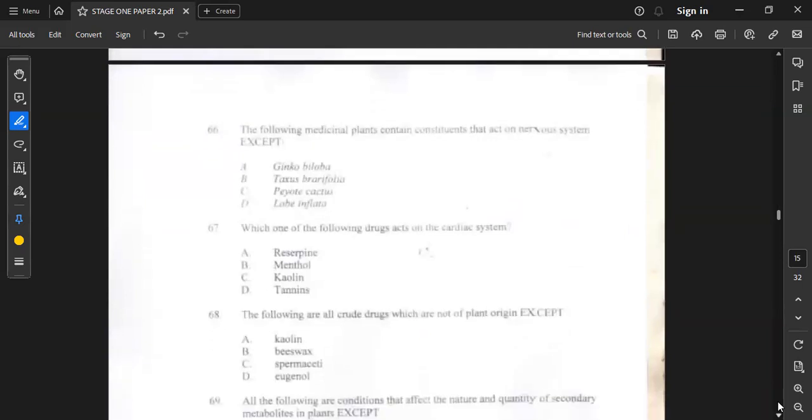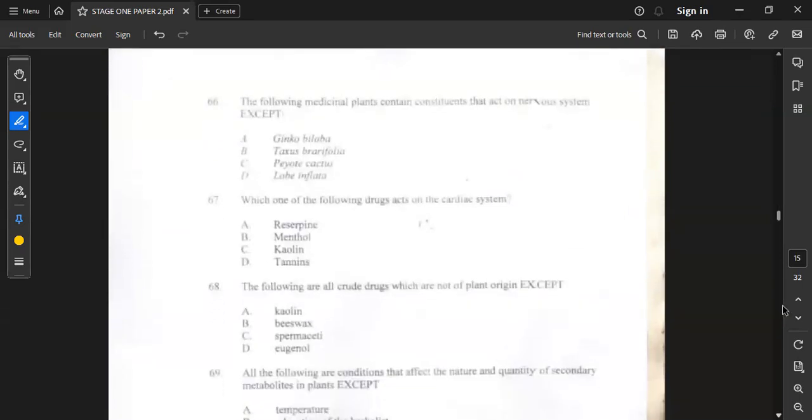The following medicinal plants contain constituents that act on the nervous system except: Ginkgo biloba, Taxus brevifolia, peyote cactus, or Lobelia inflata.